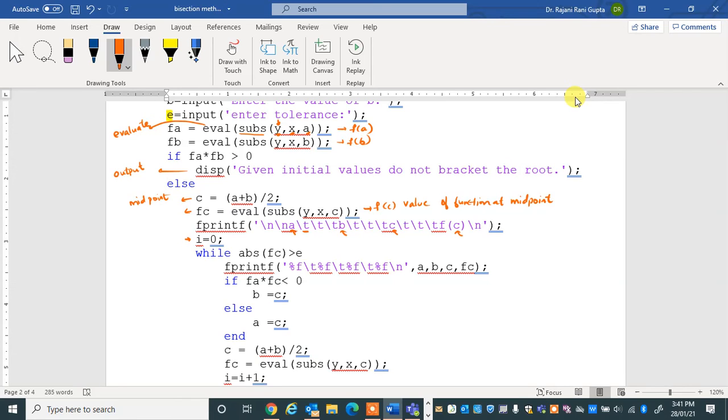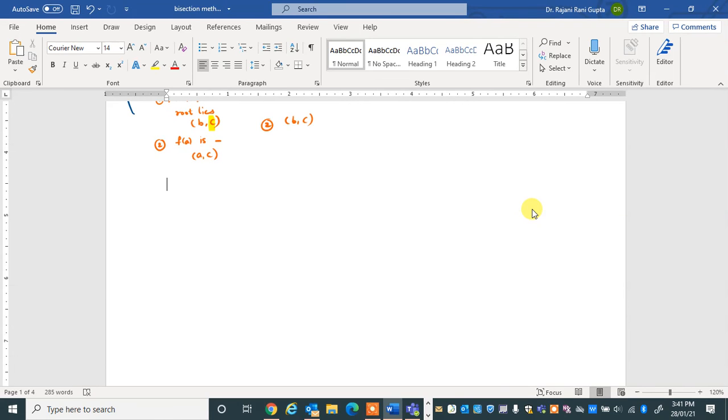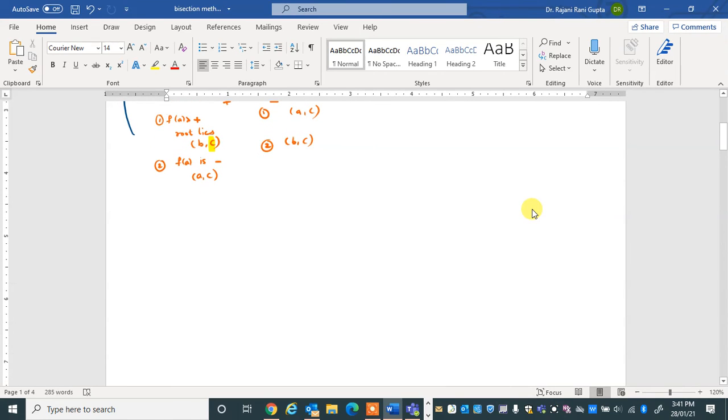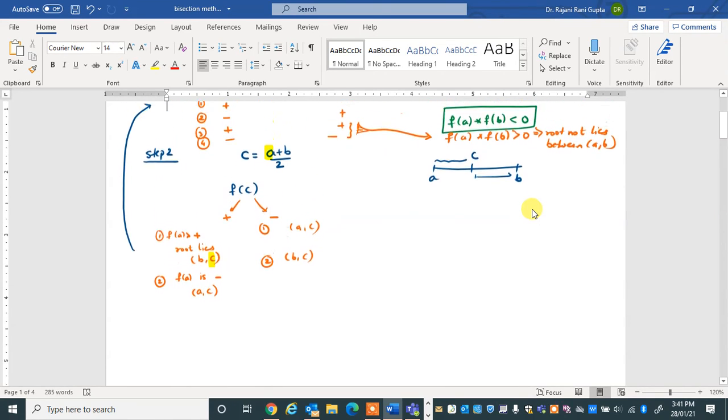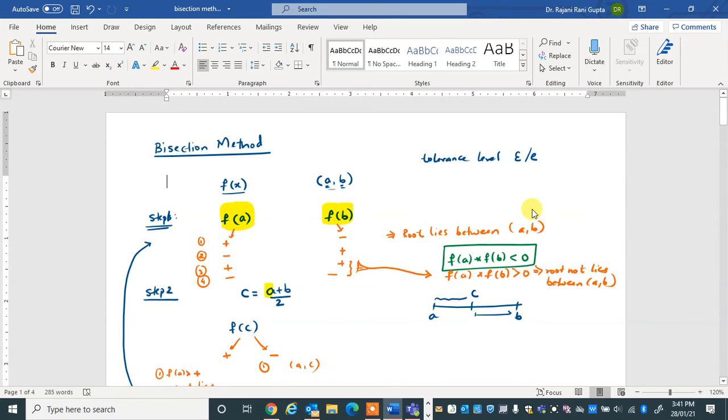Now we work with another loop, which is the while loop. What is the purpose of using a while loop? We keep on doing this process, keep on finding the value of c until we get two c values matching the level of tolerance.